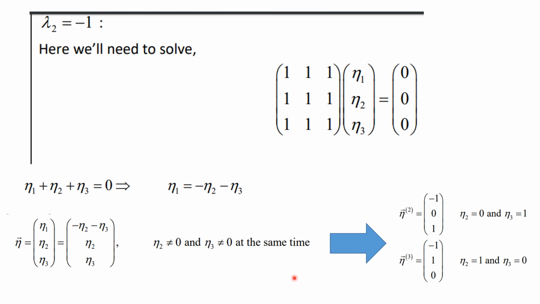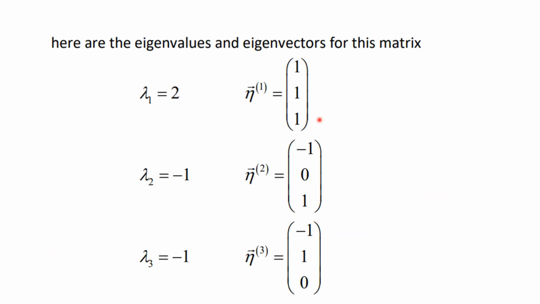But they can be 0 separately. So here I take a_2 to be 0 and the other one to be 1, and here I do the other way about. But notice I get 2 different vectors that are eigenvectors for the same eigenvalue. And these are independent because they're not multiples of each other, because the zeros are in different places. So here are the eigenvalues and eigenvectors for this matrix.